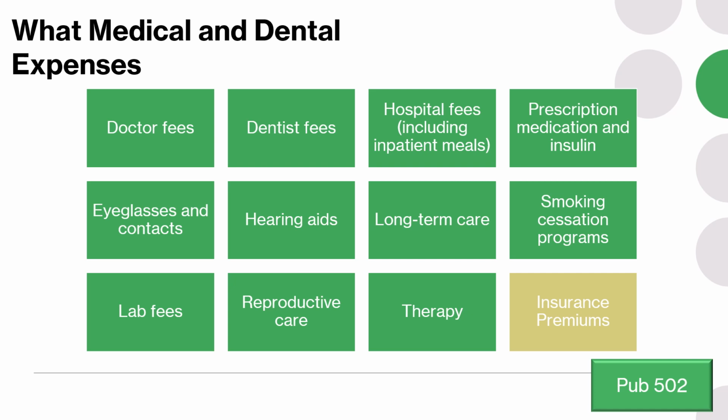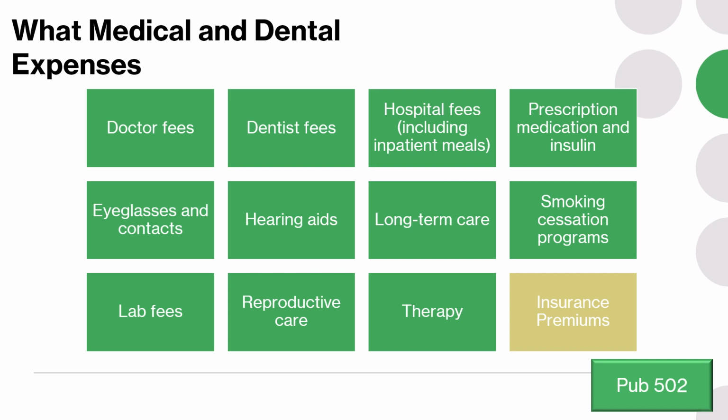Meals otherwise don't count. Prescription medication and insulin, and eyeglasses and contacts, hearing aids, long-term care accounts, smoking cessation programs, laboratory fees, reproductive care, which can include in vitro fertilization, it can include sterilization, pregnancy tests.